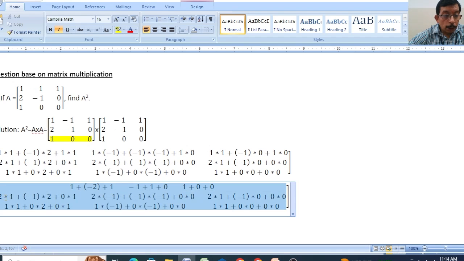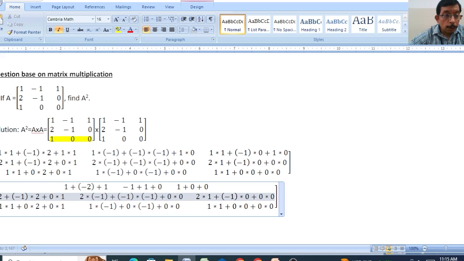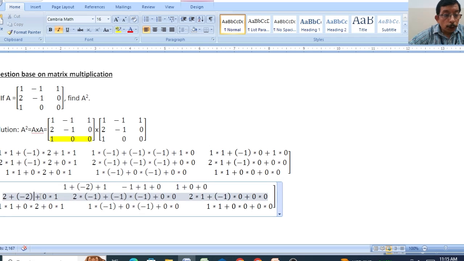2 into 1, 2, note down the same position. Minus 1 into 2, minus 2. 0 into 1, 0.